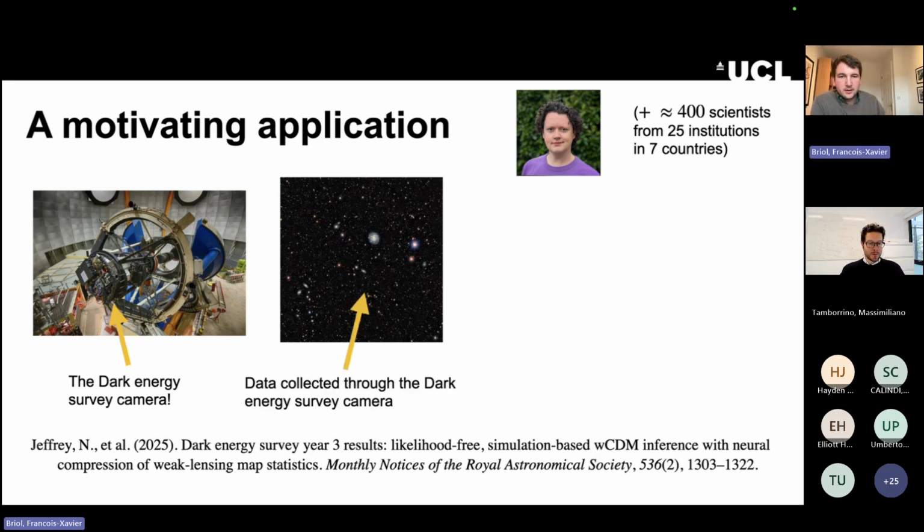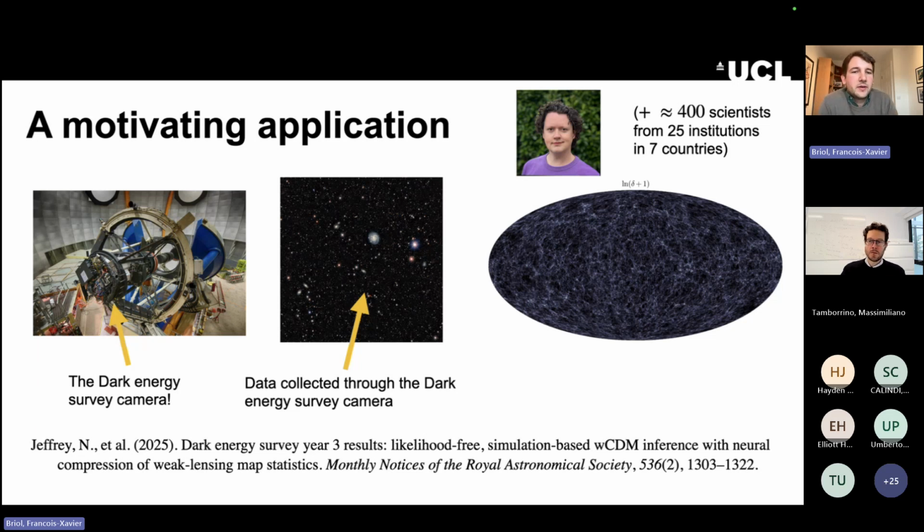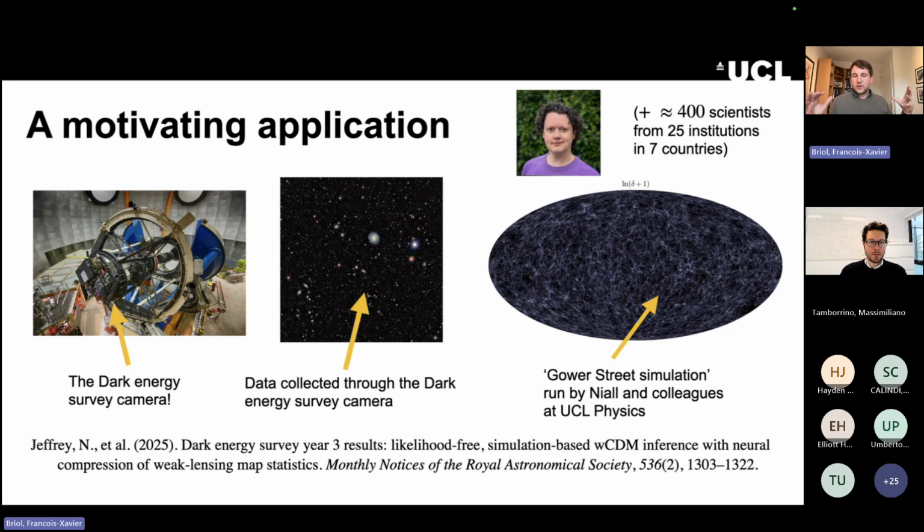Now, what happens in practice is that Niall and his colleagues apply for a huge grant to get lots of compute budget, and they then run these really, really big simulations, trying to encode all of the things that we know about the evolution of the universe into a big simulator. And then they basically run this simulator, i.e., in my notation, they pick some U's and some thetas and run the simulator.